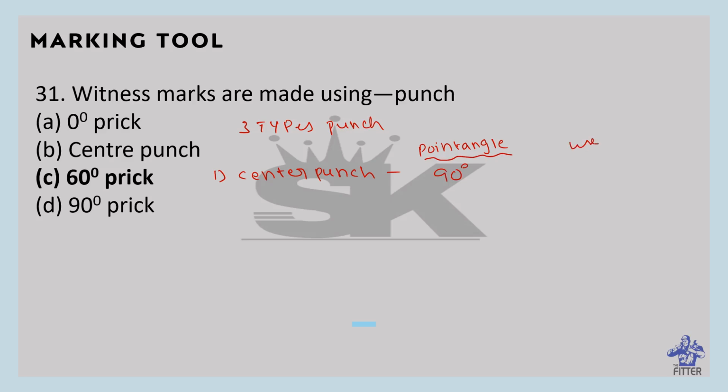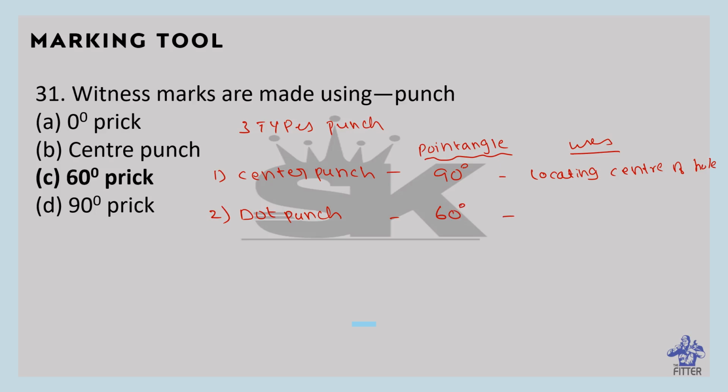Its use is for locating the center of a hole. The next one is the dot punch, which is 60 degrees.